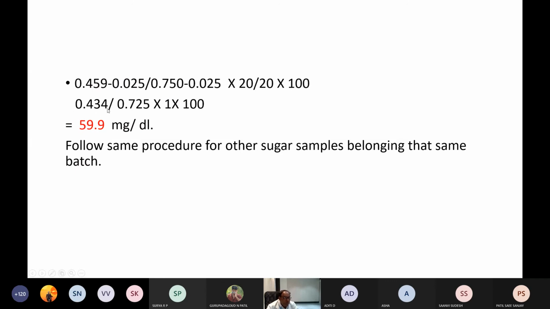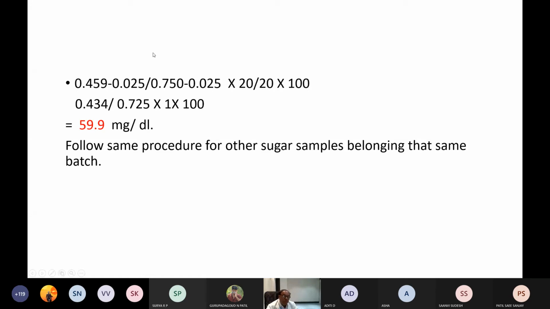So 0.434 divided by 0.75, after subtracting the blank value, multiplied by 100 only. So your final value will be 59.9, about 59 milligram per deciliter, which is the value of the blood glucose. So this is how the standardization and calibration procedure will be done on the spectrophotometer.